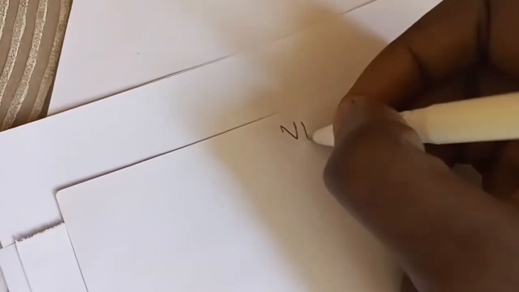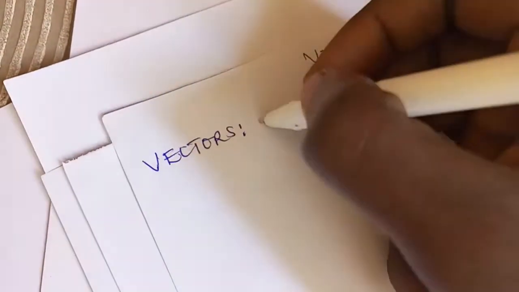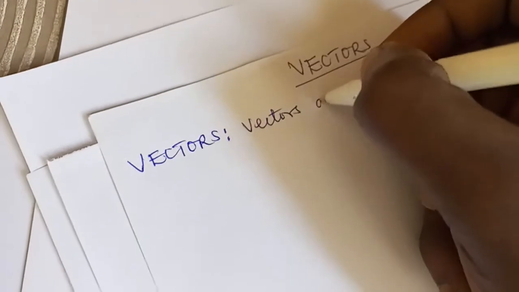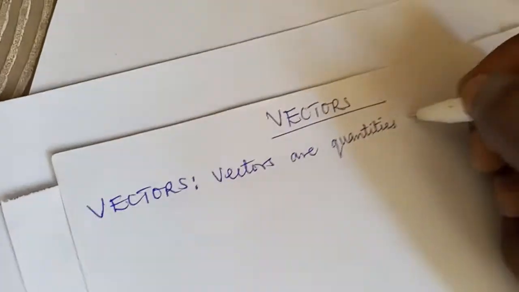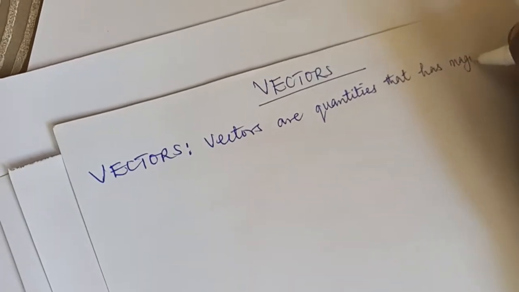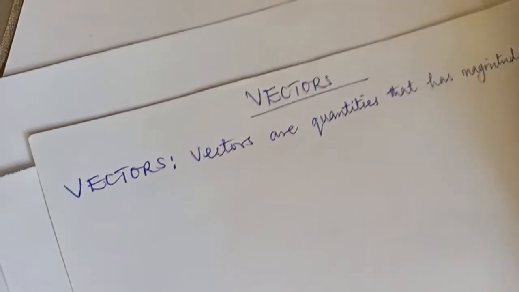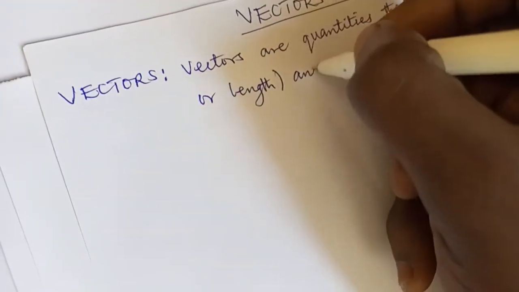Today we are going to look at vectors, an introduction to vectors. So, when we say vectors, vectors are quantities that have magnitude, which means size or length, and direction.